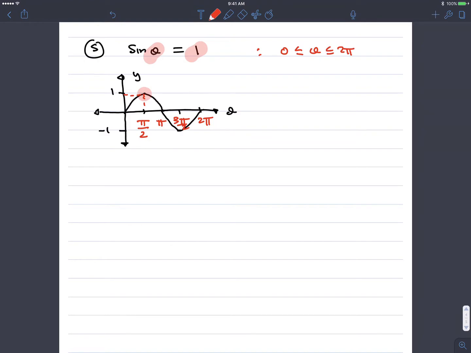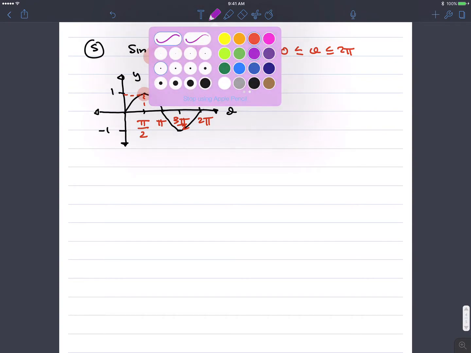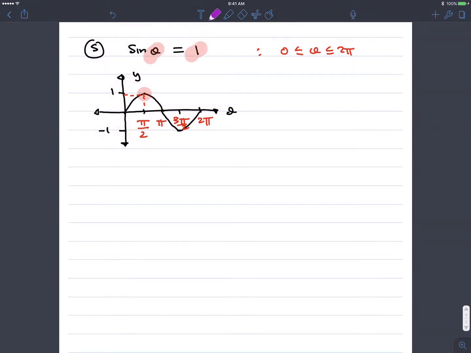So here's my solution: theta is actually pi over 2, and that's in the interval 0 to 2 pi.